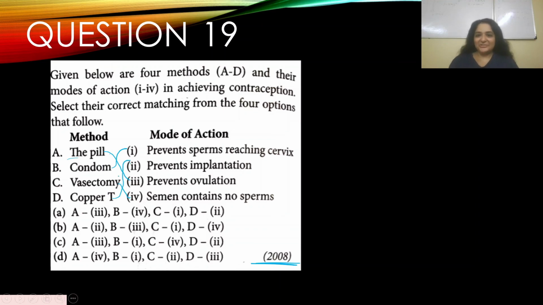So copper ions also have an additional function. It's not just impeding sperm motility and sperm fertilizing capacity. It can also prevent implantation. So looking back at question number 18, obviously that answer was appropriate if you follow NCERT. But you need to know this also, because now here they've said prevents implantation.